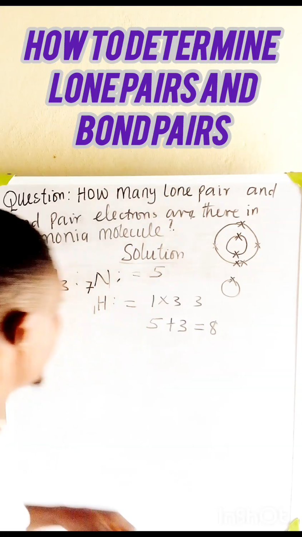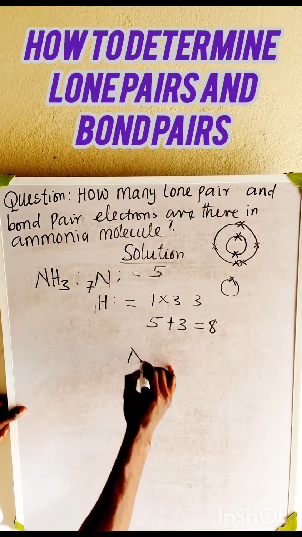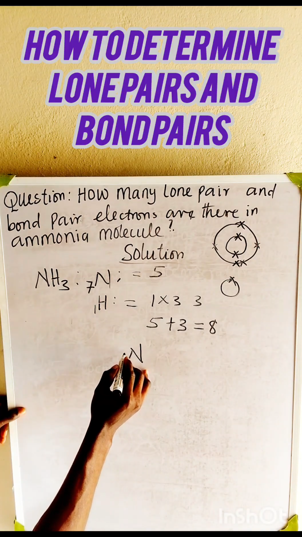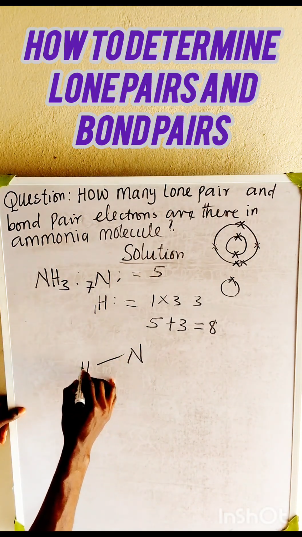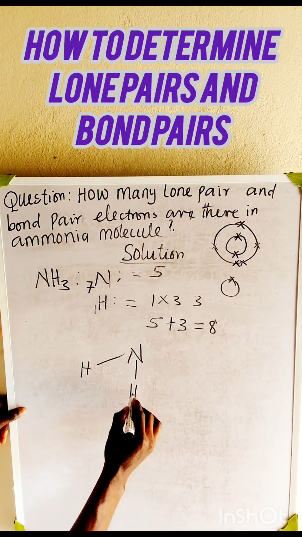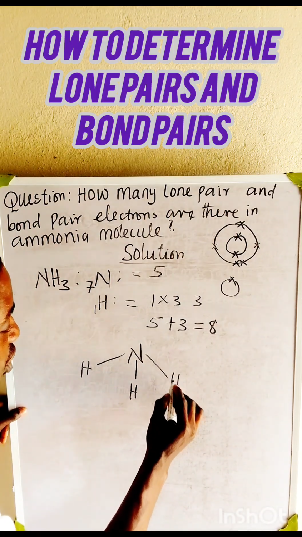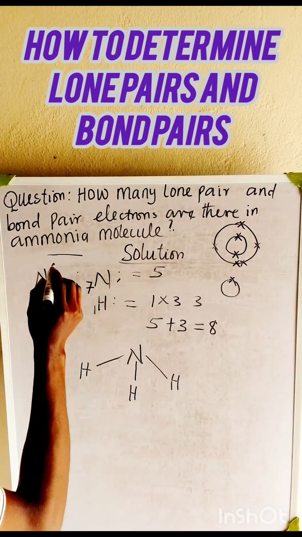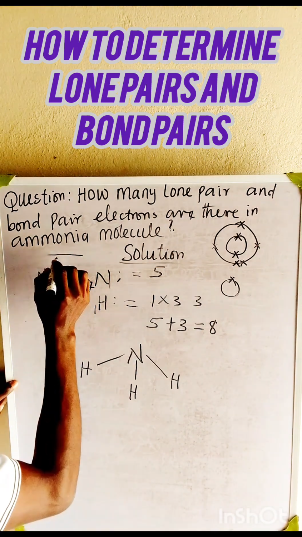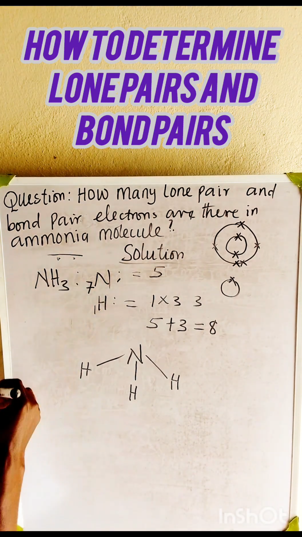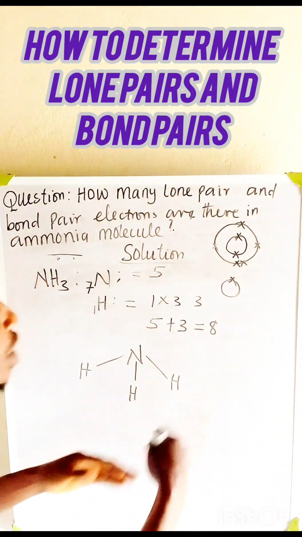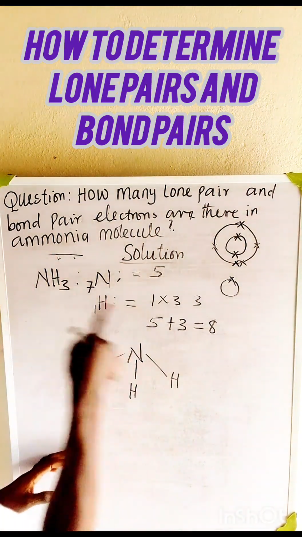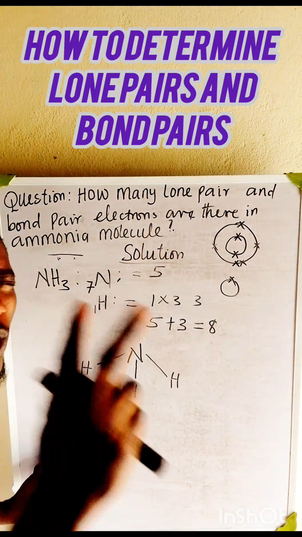So nitrogen at the center, with hydrogen, hydrogen, and hydrogen attached. Each bond is 2 electrons, so a single bond like this has 2 electrons. Remember that the valence electrons to distribute around nitrogen were supposed to be 8.